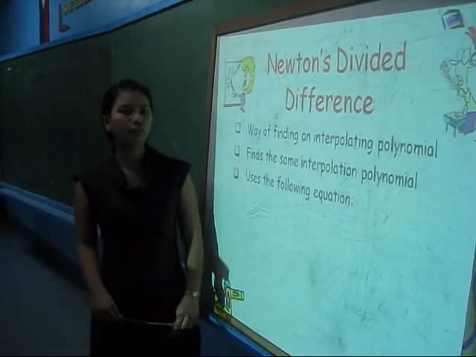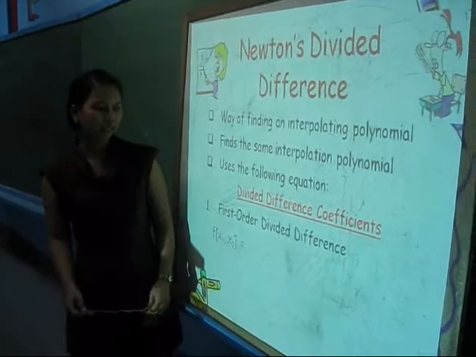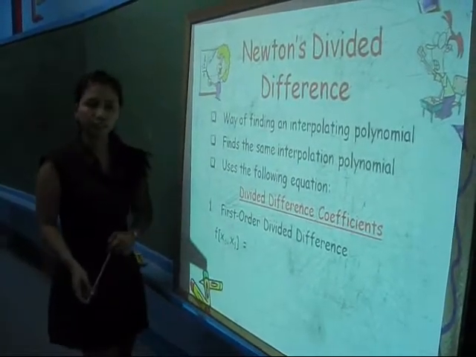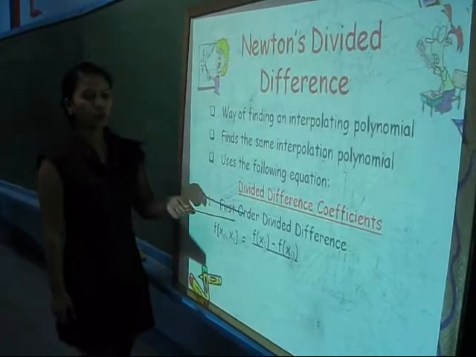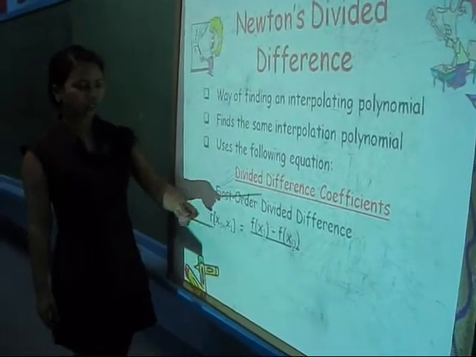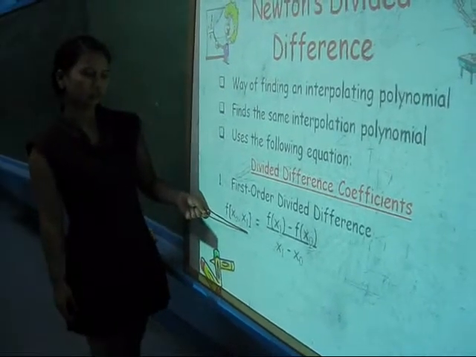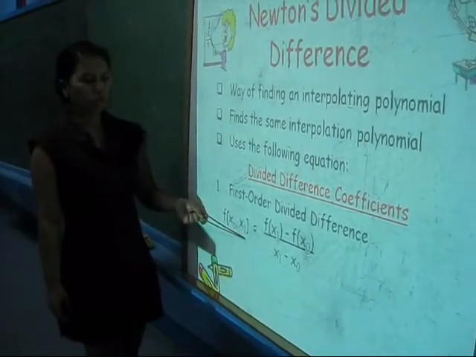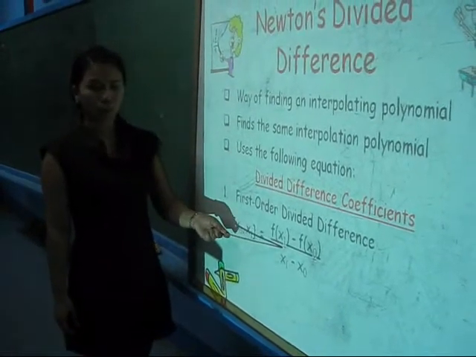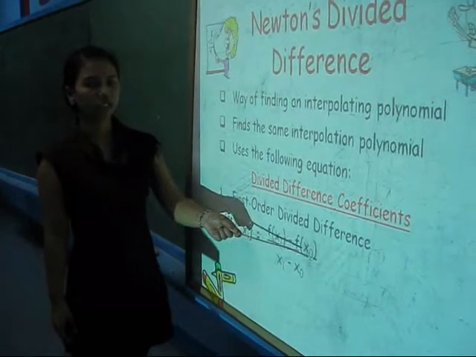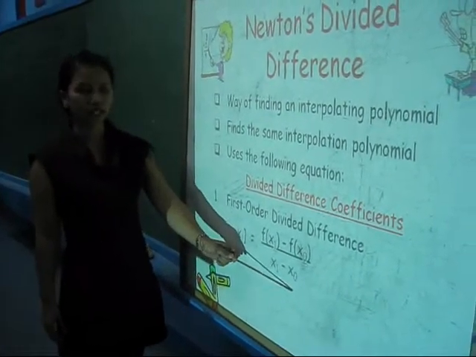Okay, these are the following equations used by Newton's divided differences. Divided difference coefficients: number 1, first order divided difference, wherein the divided difference between x of 0 and x of 1 is equal to f of x of 1 minus f of x of 0, divided by x of 1 minus x of 0.